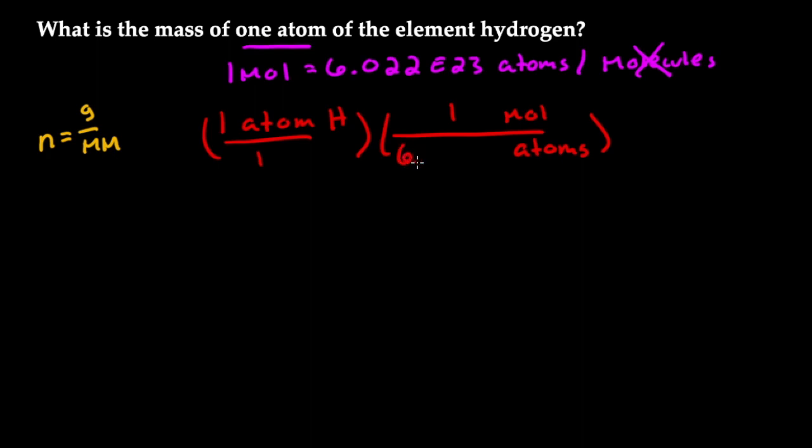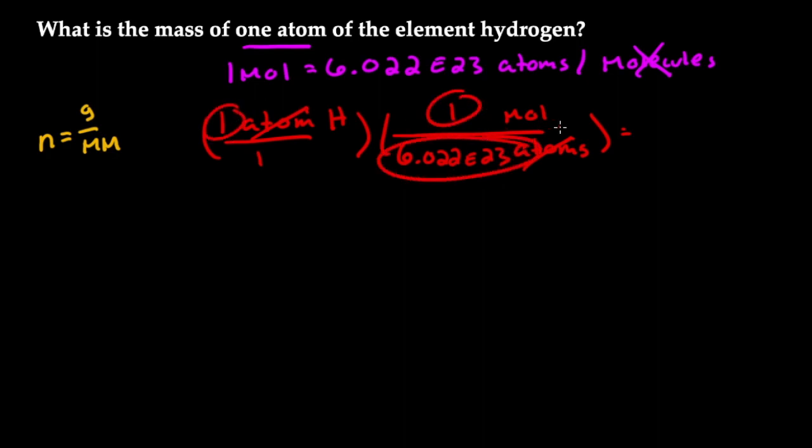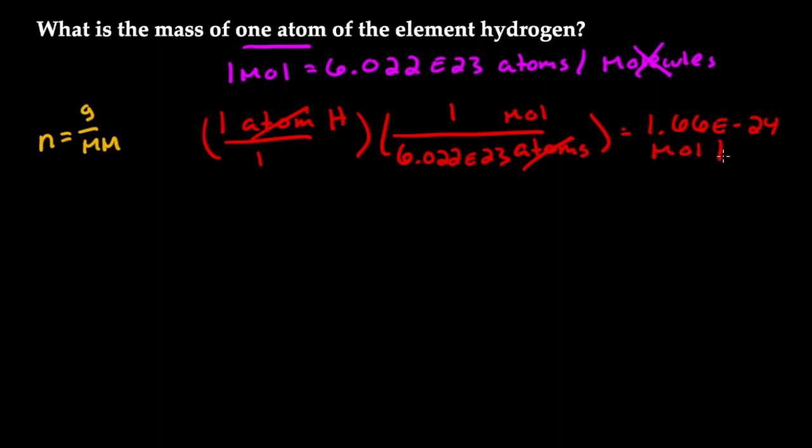That's going to be 6.022 times 10 to the 23rd power. And so the atoms here and atoms here will cancel out, and then we'll do 1 times 1, and then we'll divide it by this number here, which is Avogadro's number. And when we do that, we're going to get 1.66 times 10 to the negative 24 power, and that's going to be moles of hydrogen.